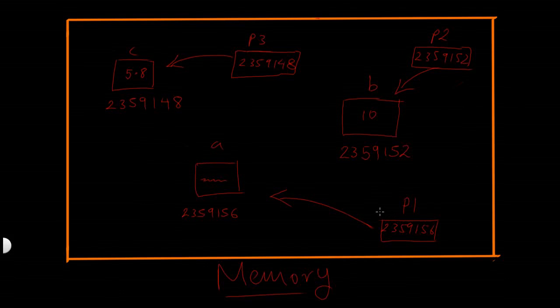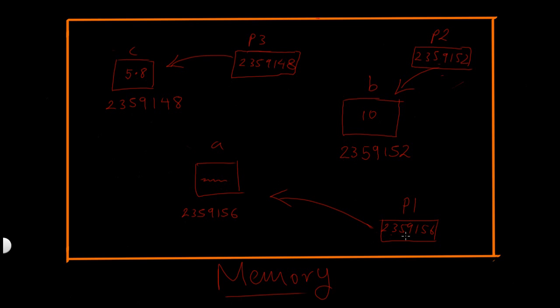So somewhere in the memory there is a pointer named p1 that contains the address of a, which is this, and because it contains the address of a memory location, it means it points to that memory location. And this is why a pointer is called a pointer, because it points to a particular memory location by storing the address of that memory location.